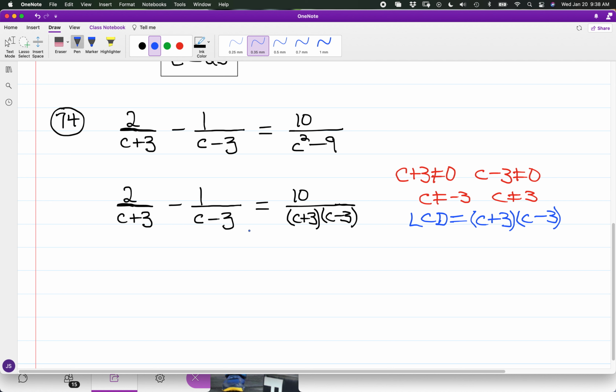And again, you're going to do cancellation with the least common denominator if you have equations involved. So just taking what we have here, we're distributing the least common denominator over the terms.